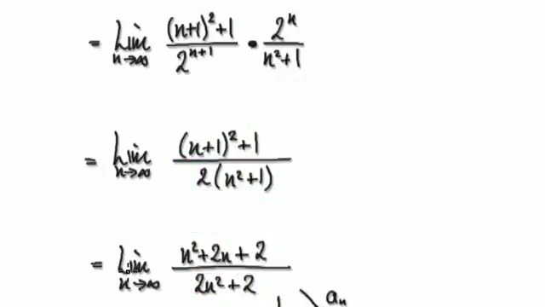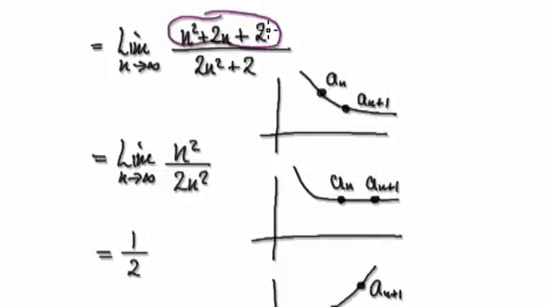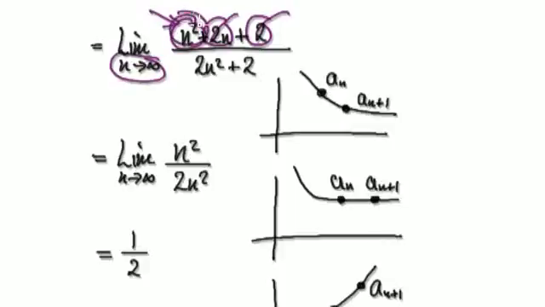So remember, we are trying to find the limit as n tends to infinity of this thing here. Well, as n gets bigger and bigger, the numerator will just act as n squared, because as n heads towards infinity, these two will be irrelevant in comparison to n squared, because n squared is a lot more significant.